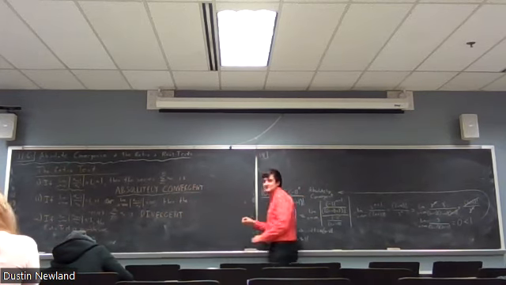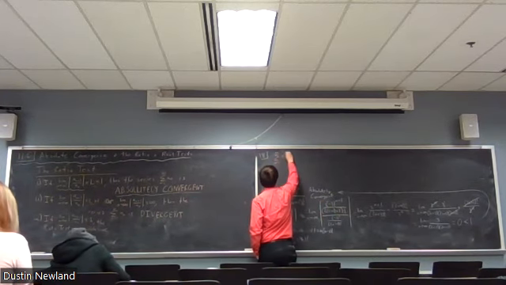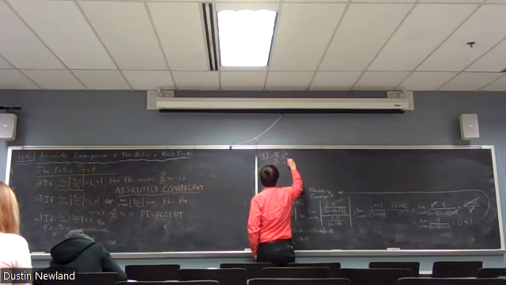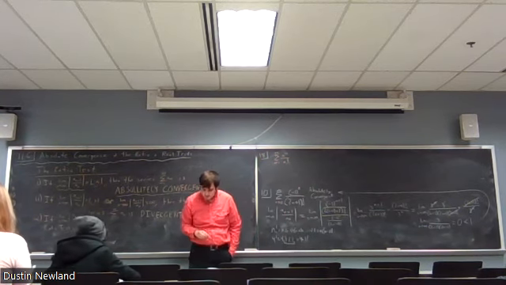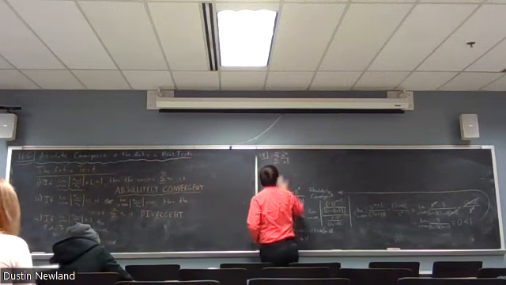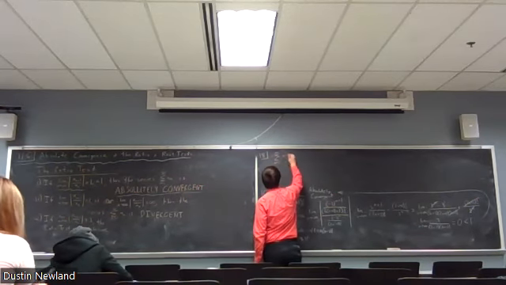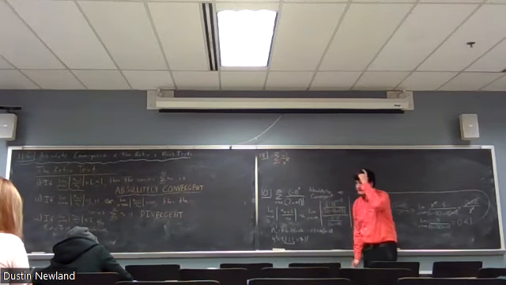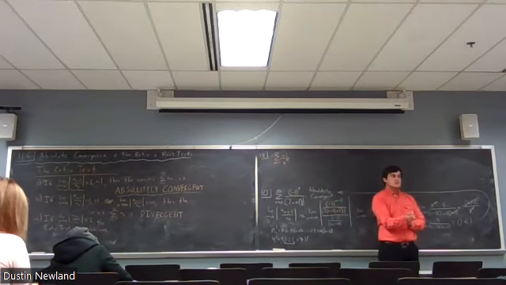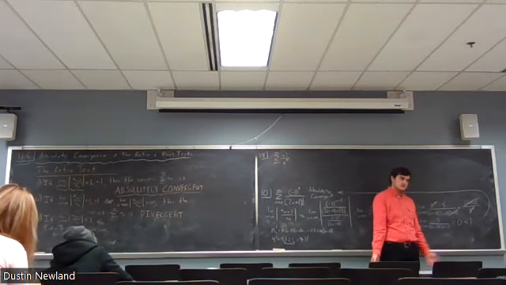We're going to sum from n equals 1 to infinity of n to the n power over n factorial. I want to determine if this is absolutely convergent, conditionally convergent, or divergent.